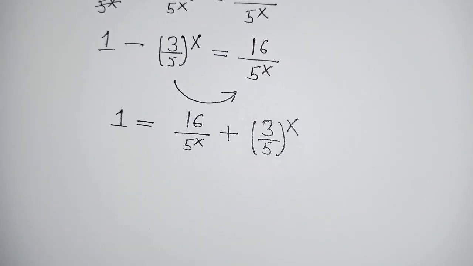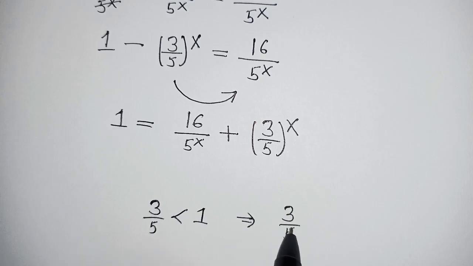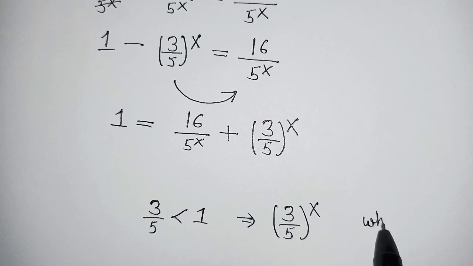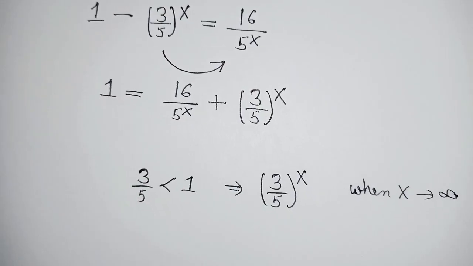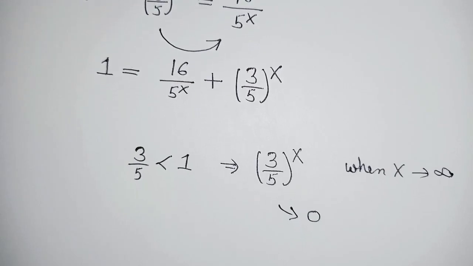Now we have to understand the concept of decreasing and increasing sequences. Here you can clearly see that 3/5 is less than 1. That means (3/5)^x, when x tends to infinity, this whole value tends to 0, correct?